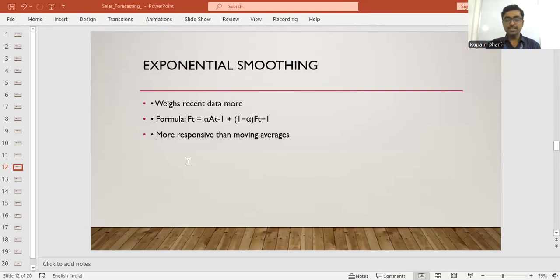As you can see in the formula, F_t is the new forecast, A_(t-1) is the actual sales from the previous period, and F_(t-1) is the previous forecast, where alpha is the smoothing constant determining how much weight is given to the most recent observation.